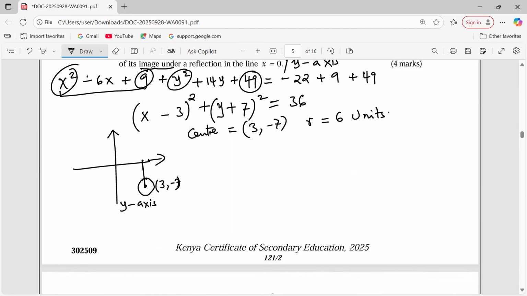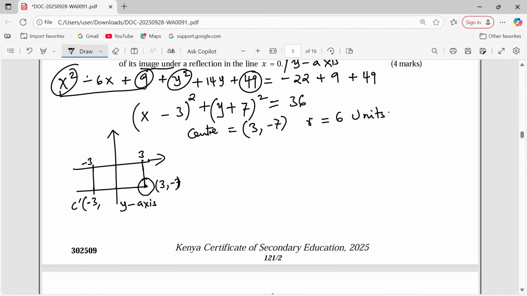To reflect means you take the point to the mirror line and you move an equal distance. So if the center was 3 units from the mirror line, it shall also be 3 units, but now on this side. So it shall be at -3 now. So the new center shall be -3, then comma.